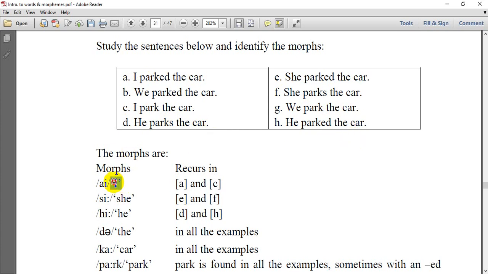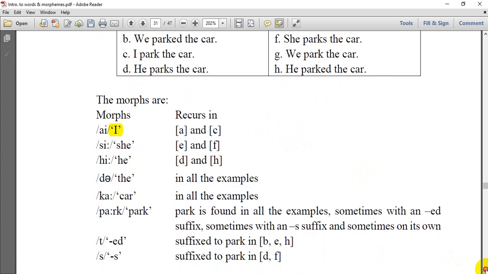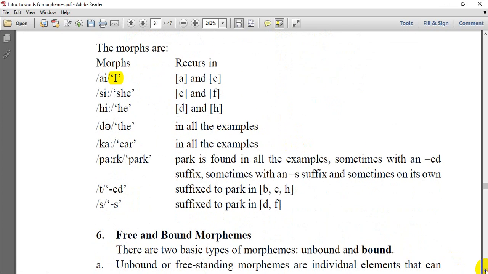I, in the examples of A and C. She, in the examples of E and F. And G in number D and H: he parked the car, he parks the car. And car in all the examples.